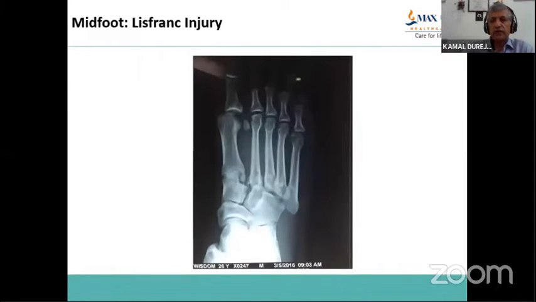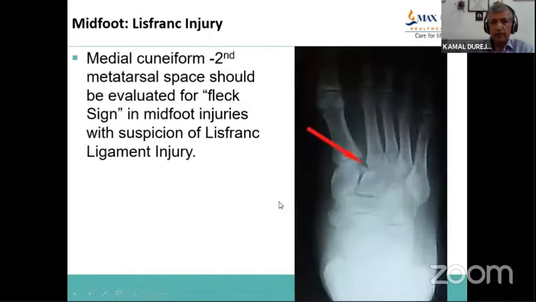So here you can see in a Lisfranc injury, the alignment is disturbed, the alignment of the fourth is disturbed. So this is a less frank injury. And in very subtle injuries, you have to look into the medial cuneiform second metatarsal space and look for this fleck sign, which is suggestive of a Lisfranc ligament injury.